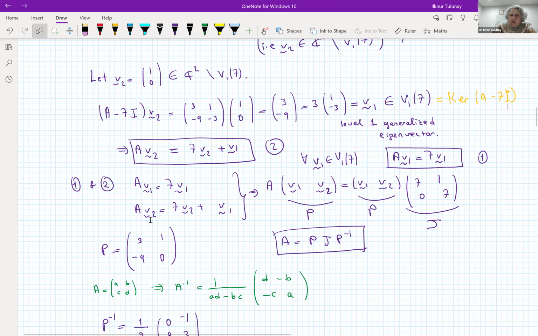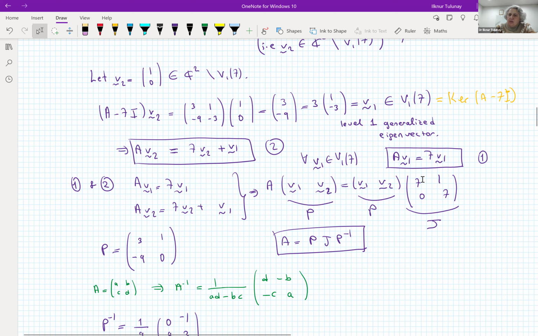So V1, V2. I'm thinking like a block multiplication of the matrices. This is the matrix A, and this is the matrix V1, V2, and then V1, V2. If you multiply, AV1 is equal to 7V1.